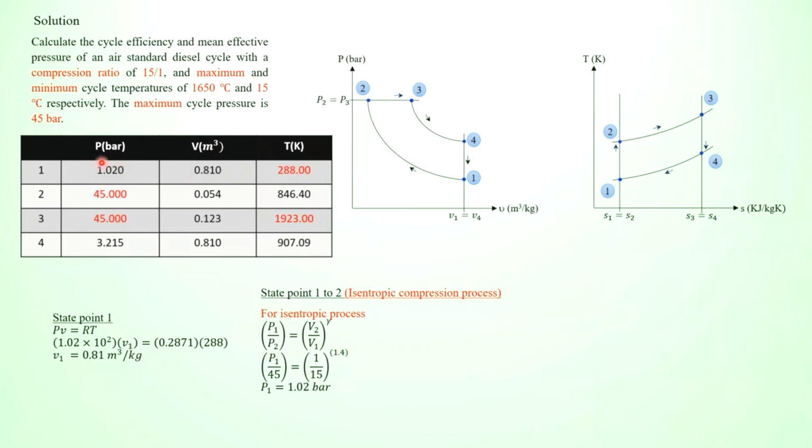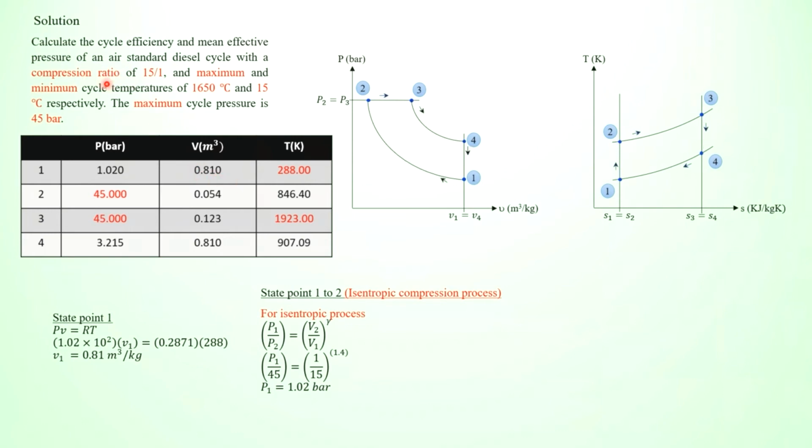And then the pressure is 1.02. Using the ideal gas law, PV equals mRT, unless the mass is given. The specific gas constant for air is a standard 0.2871, and the temperature in Kelvin is 288. So you will be able to find out this volume here.